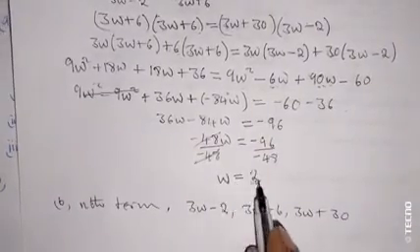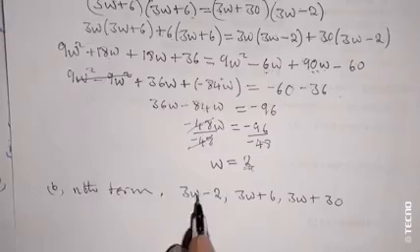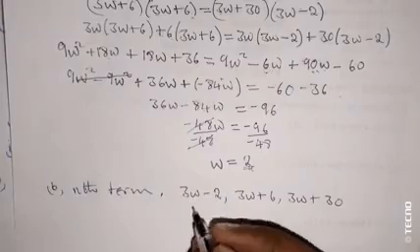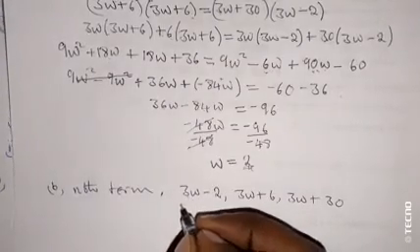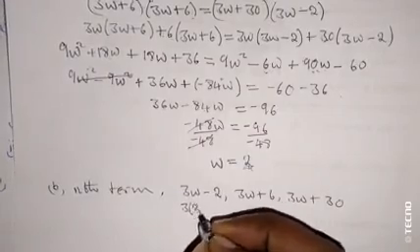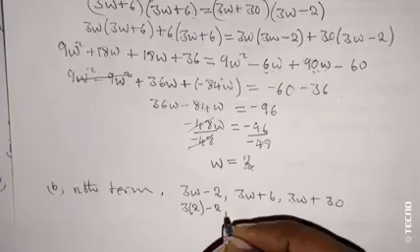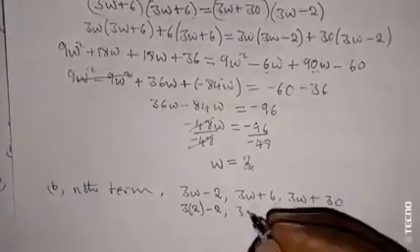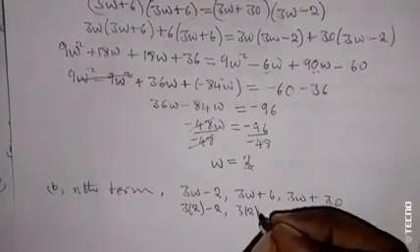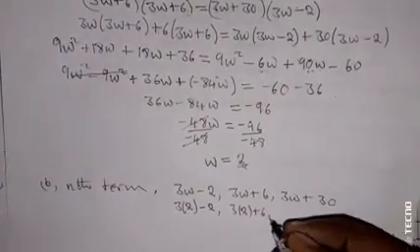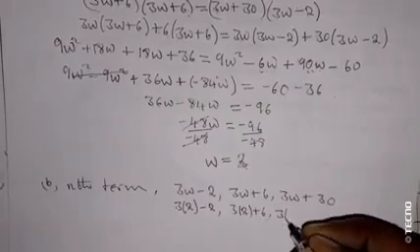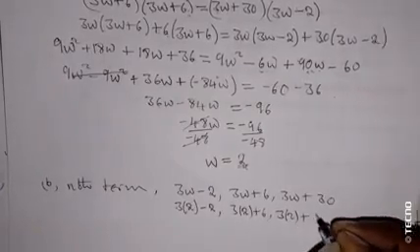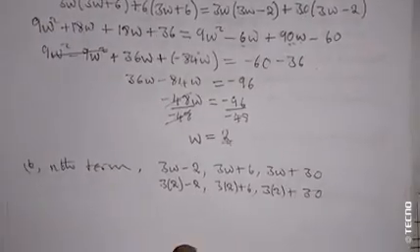Your W is equal to 2, which means where there is W, replace it by 2. So once you replace it, it will be 3 times 2 minus 2, then 3 times 2 plus 6, then 3 times 2 plus 30. So this is what we have.